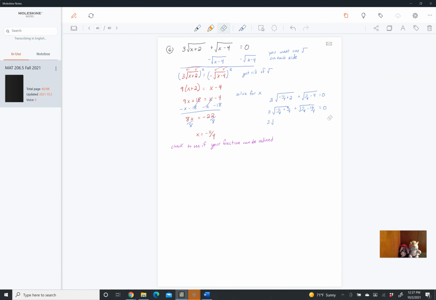Here we get 3 times the square root of negative 3 over 4, which automatically is going to be a problem because you can't take the square root of a negative number here. And negative 27 over 4. That does not work, okay, because you can't take the square root of a negative number. This is extraneous.